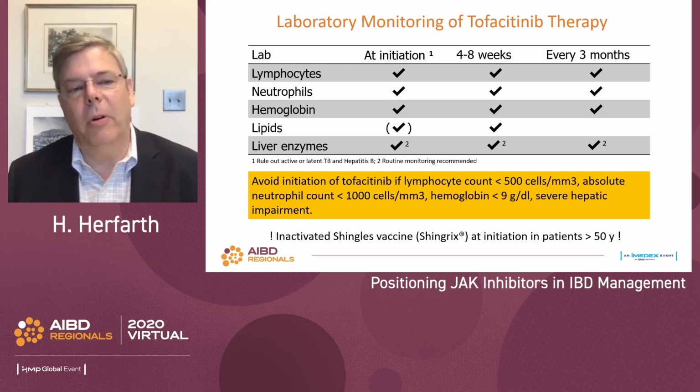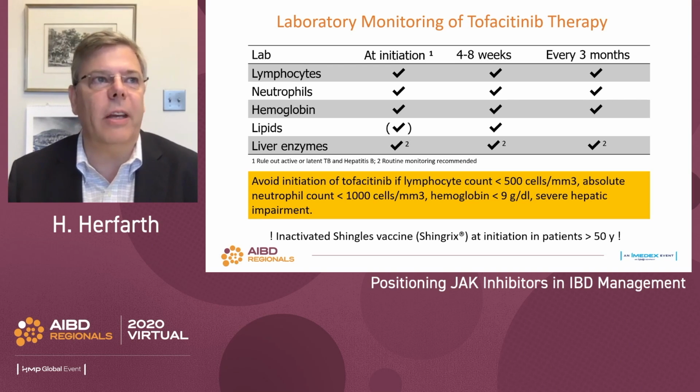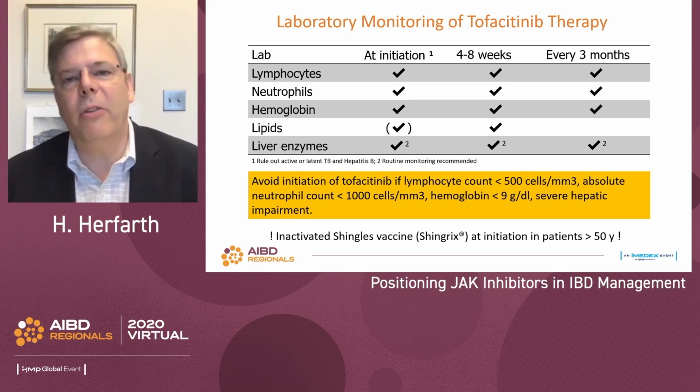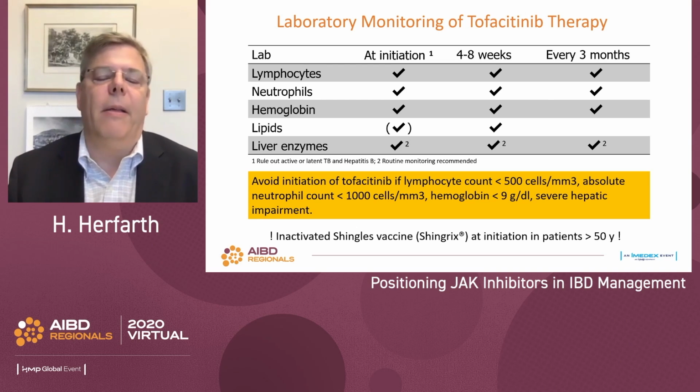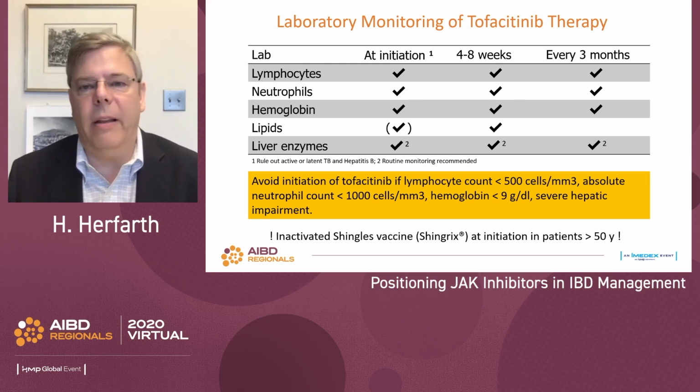Some of my colleagues already do it at initiation to see if there is an elevation from the get-go, but the lipids should be checked after 4 to 8 weeks. Like I said, 20 to 30% have an elevation of HDL and LDL as well as total cholesterol. And then you should check CBC differential and liver enzymes every 3 months.